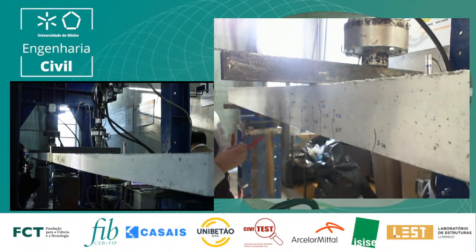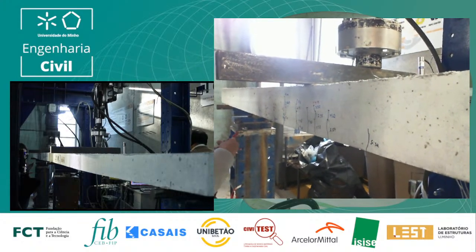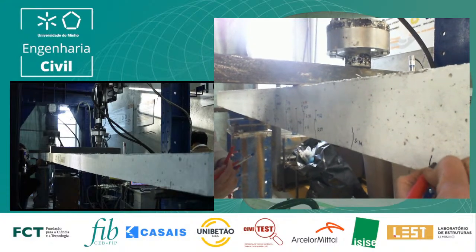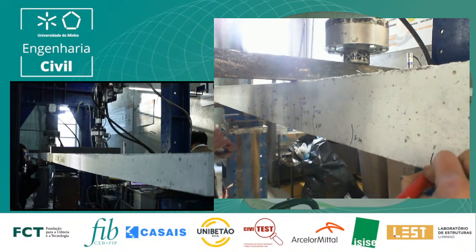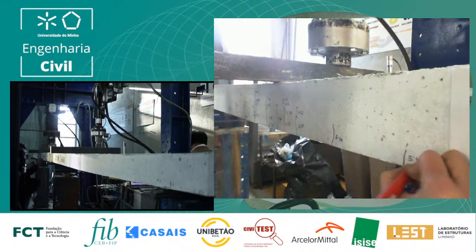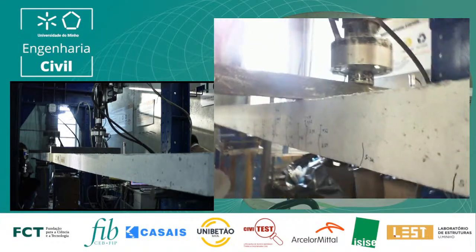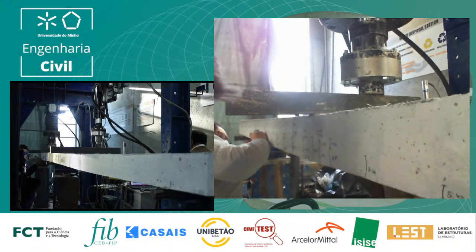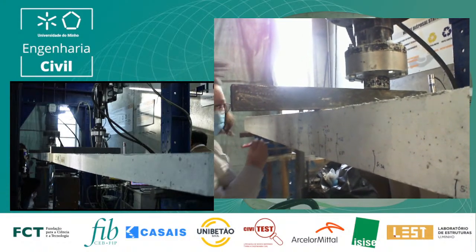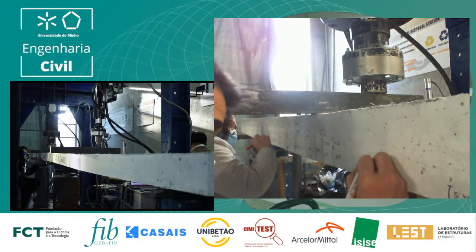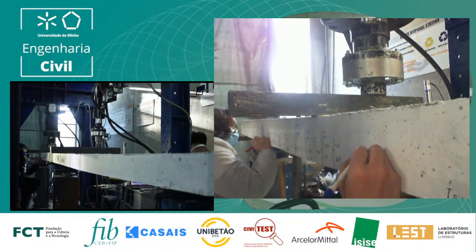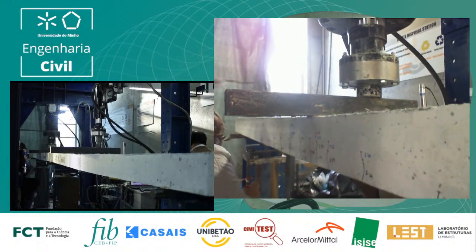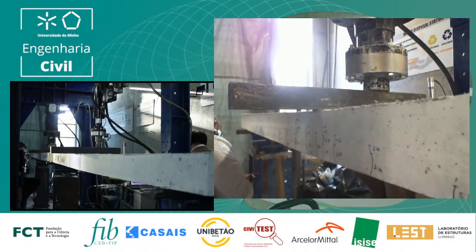Because of the influence of the fibers crossing the cracks, they limit the crack propagation, and this contributes to the formation of other cracks, and consequently to decrease the average crack spacing. So we expect also with this information to assess the reliability of the models that we have nowadays for estimating the crack spacing.